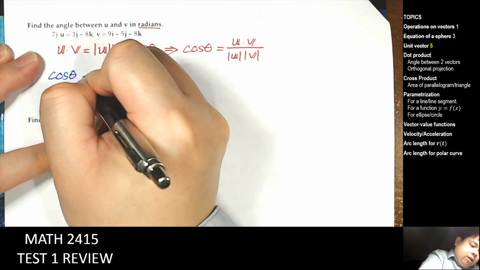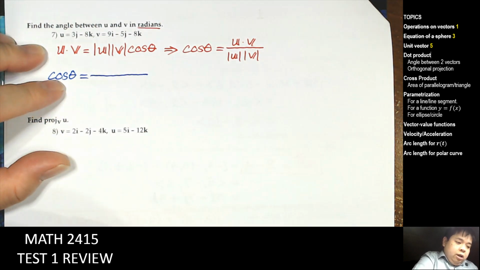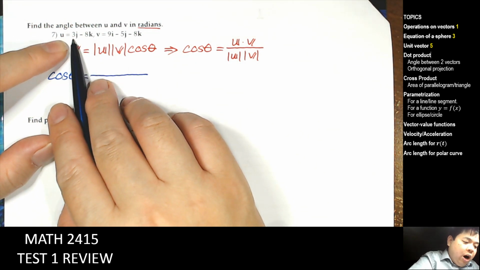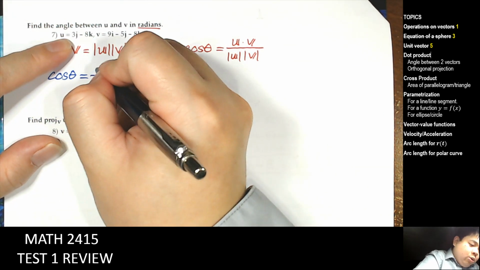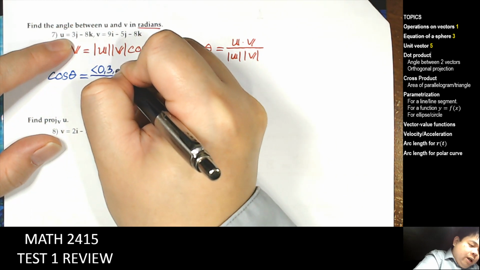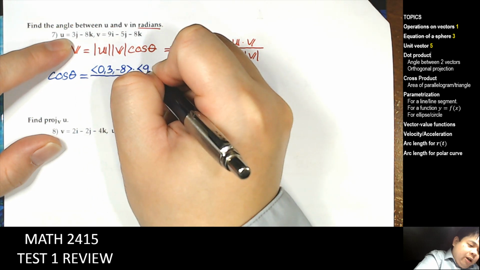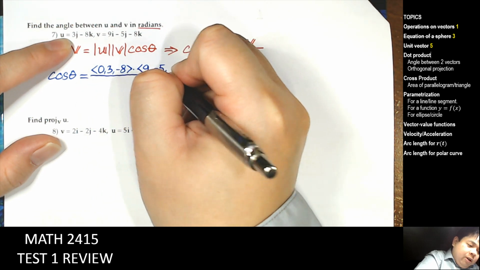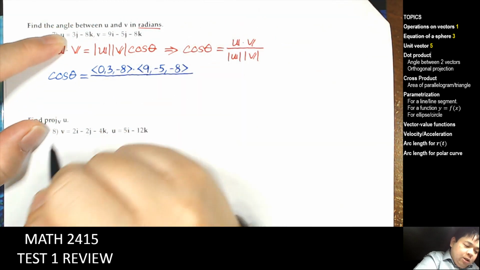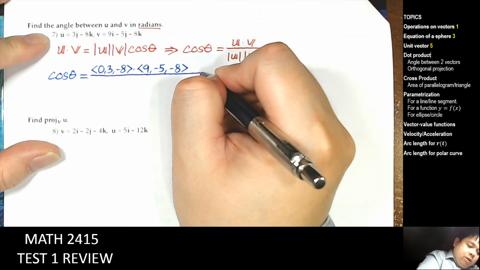Cosine of theta equals u dot v, this is u and this is v. Notice there's no i component here, so we're going to have 0, 3 and negative 8, dot 9, negative 5 and negative 8, over the product of the magnitudes.